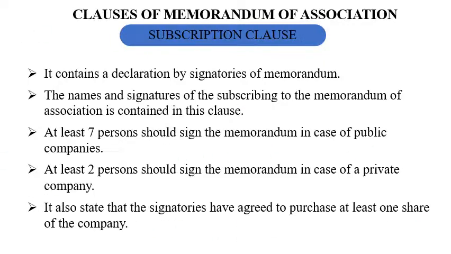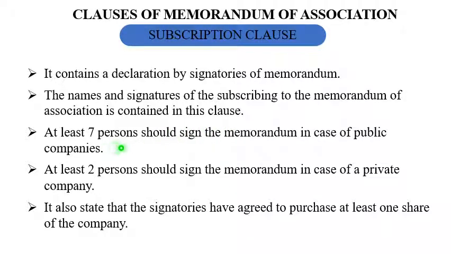Now the last clause is the subscription clause. It contains a declaration by the signatories of the memorandum of association. This happens when the company is registered: at that time the directors and the minimum number of shareholders sign the memorandum of association. So the name and signature of the subscribers to the memorandum of association are contained in this clause.